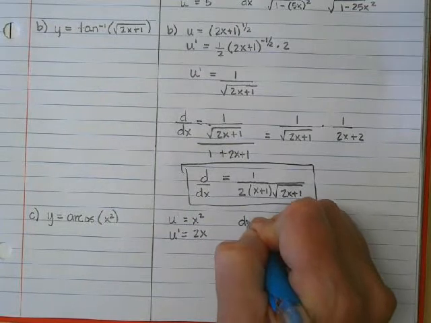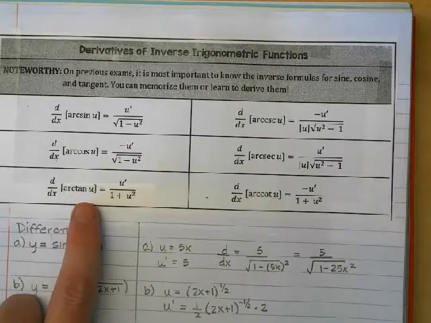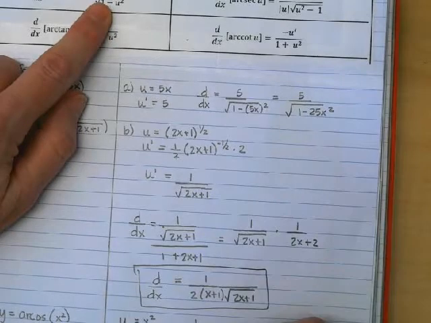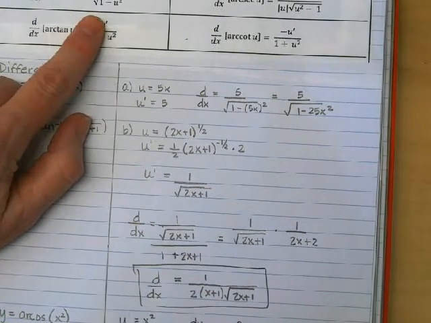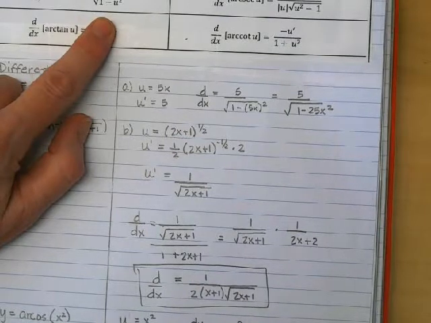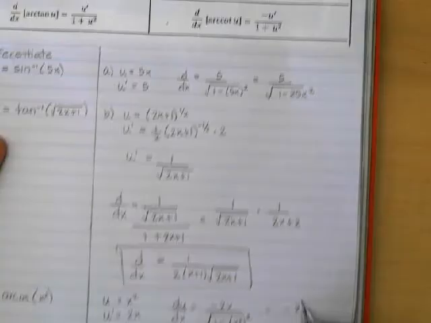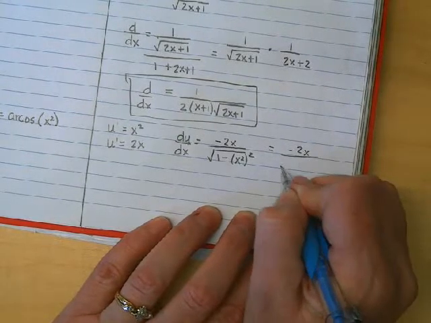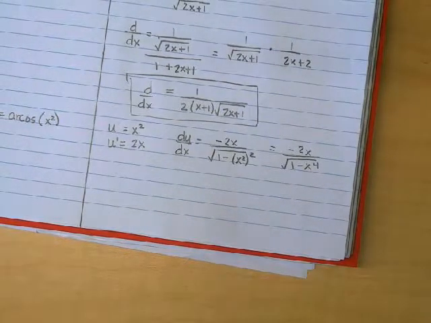Now dy dx, arc cosine right there, so negative u prime, negative 2x, over the square root of 1 minus u squared. So that's going to equal negative 2x over the square root of 1 minus x to the fourth. I'm having a hard time getting this under here.